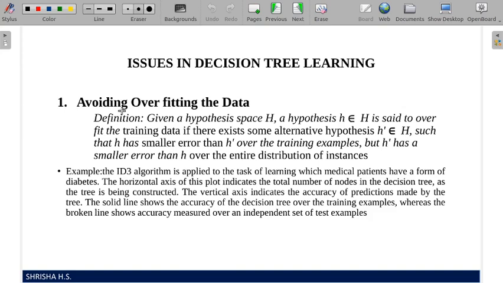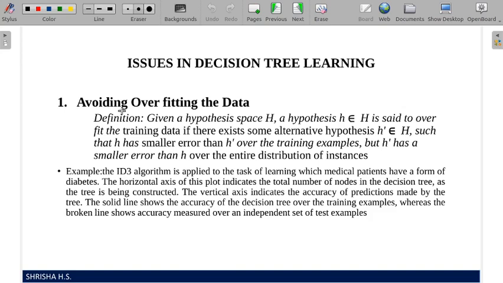Suppose we are studying for an examination and we learn by heart all the questions without understanding them. In the test, if we get the same question, we'll do well. If we get some twisted question, we will not do well, right? So that is overfitting of data. Whatever hypothesis we have created becomes tailor made for only the data set.